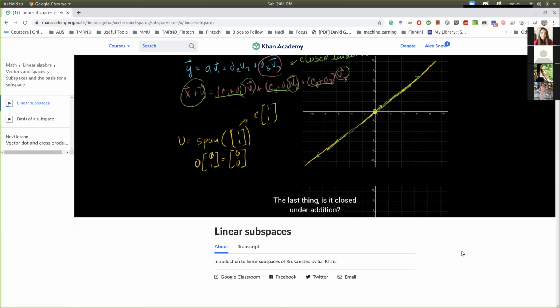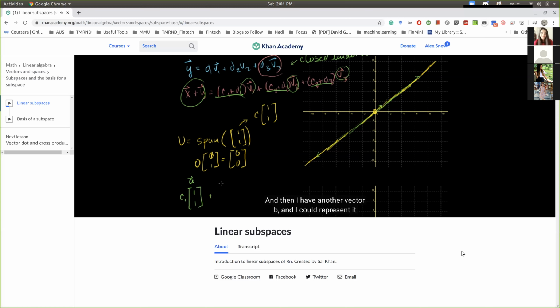Now the last thing, is it closed under addition? So any two vectors in the span, let's say that I have one vector A that's in my span. I can represent it as C1, some scalar times my vector there.